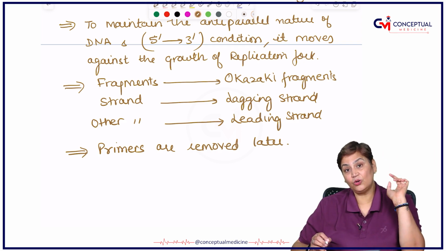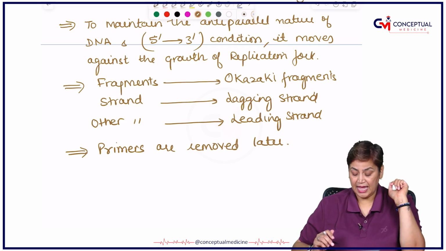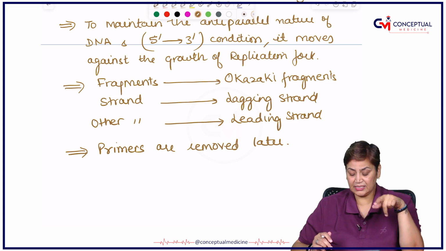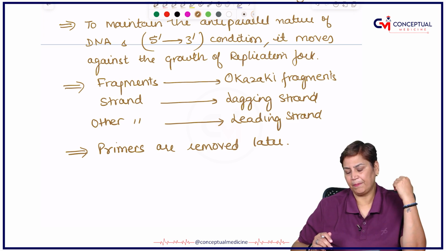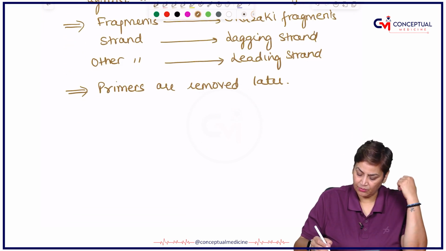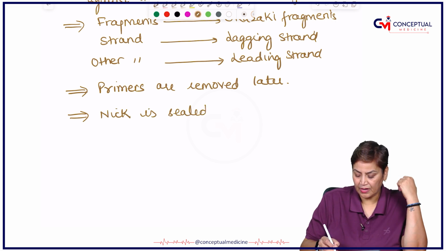One is glycogenesis, where the primer used is glycogenin, and here the primer used is an RNA primer which is dependent on DNA. And once the primer is removed, the nick is sealed by DNA ligase.